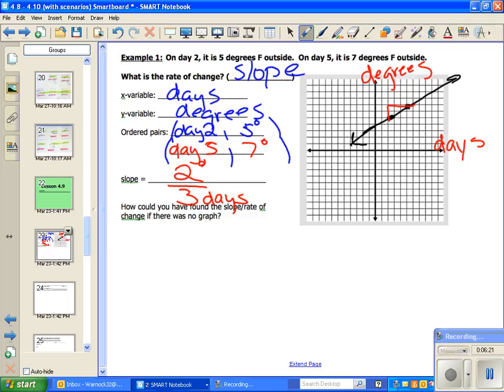Okay, now let's say, pretend this graph wasn't here, and I only gave you this information right here. If I had only given you those ordered pairs and no graph, how could you have found the same thing, 2 degrees every 3 days? Molly? Okay, so to figure out the numerator, you would have subtracted what?